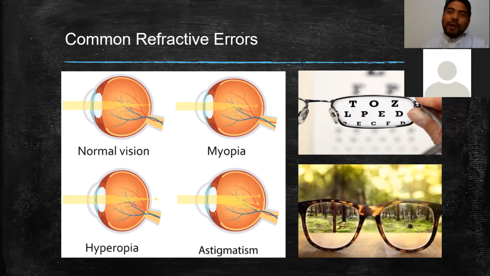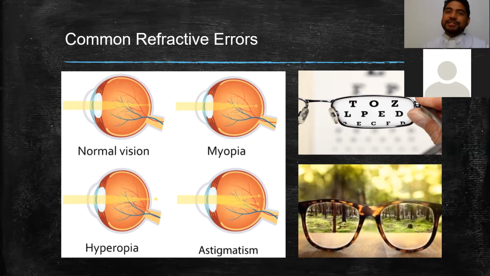In patients who are myopic or nearsighted, these light rays are focused in front of the macula, or atubangan sa macula. In patients who are hyperopic, light rays are focused behind the macula. And in astigmatism, the shape of the cornea causes the light rays to be refracted or bent in different positions, in different planes. So in all three cases, these result in blurring of vision.